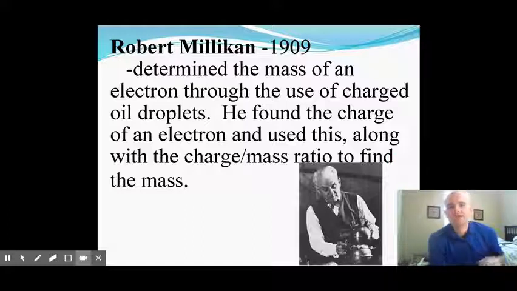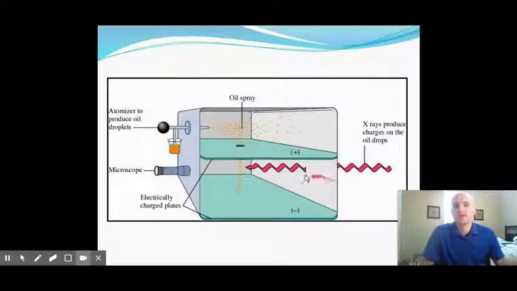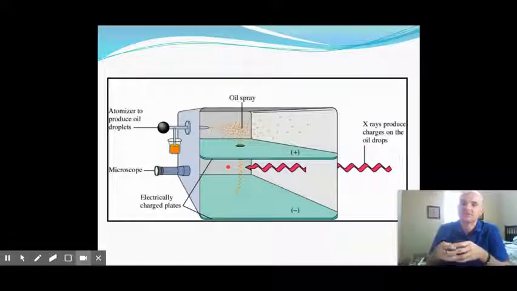Robert Millikan's experiment was to find the charge of an actual electron by using an oil droplet experiment. By having this atomizing spray, he made these oil sprays that would fall through this hole, and he was able to observe them through a microscope and also charge the oil with X-rays.